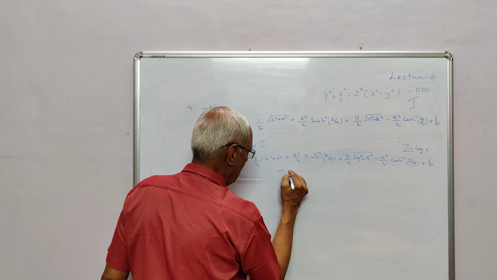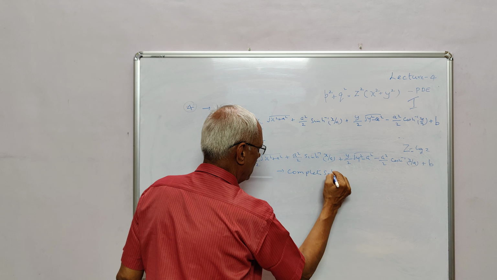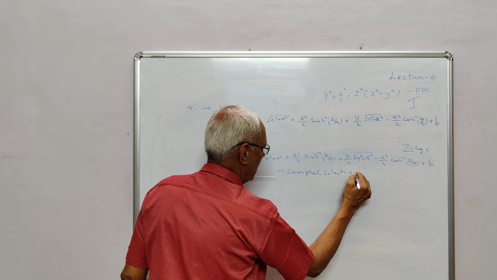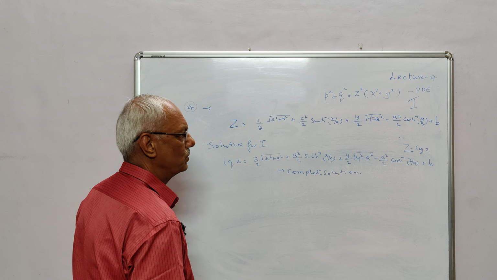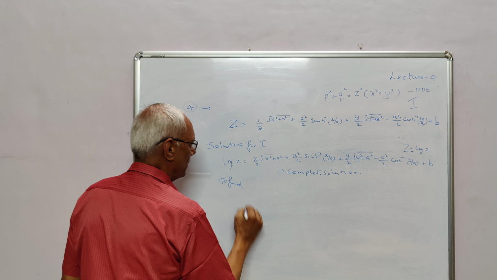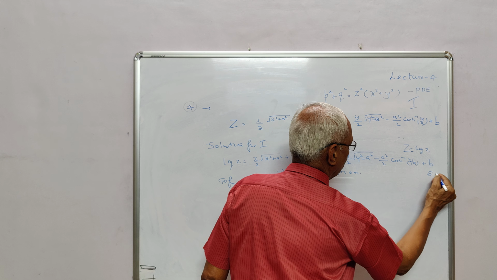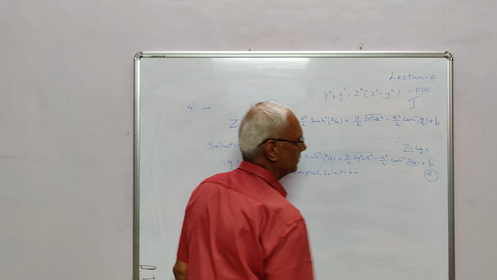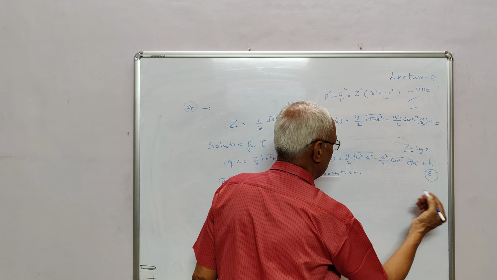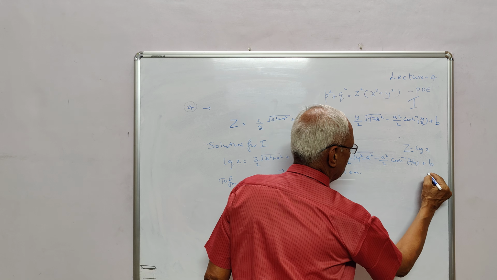This is called the complete solution. We will call this our 5, or we will call this capital 2.